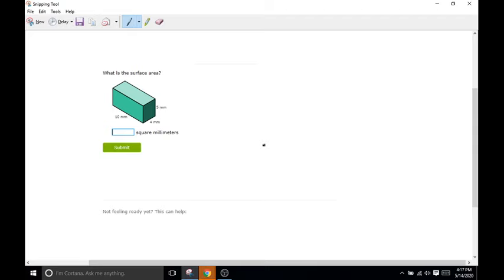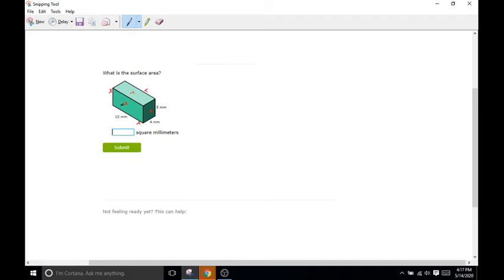So for surface area, we want to find the area of this rectangle and the rectangle over here and the rectangle underneath and the rectangle on the side and then the rectangle on the side as well. Many of those are going to be the same thing, but we just have to do the multiplication, add them together, and we'll be done.